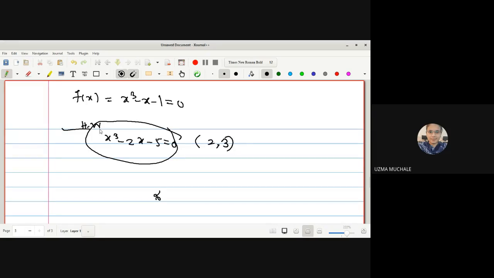X cube minus 2x minus 5, and the interval is 2 to 3. And the answer for this example is 1.32. Now you can leave the meeting.